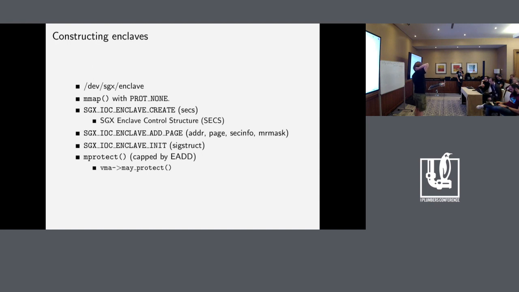The maximum permissions mean that you can basically mmap an enclave with lower permissions than the permission defined for the page, but you cannot surpass the permissions defined in sec info.